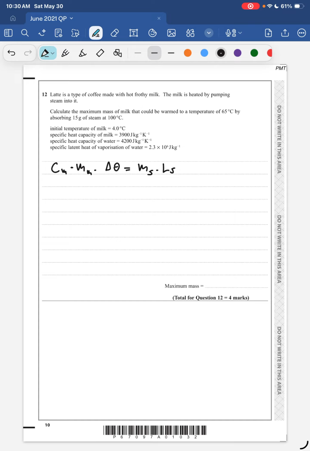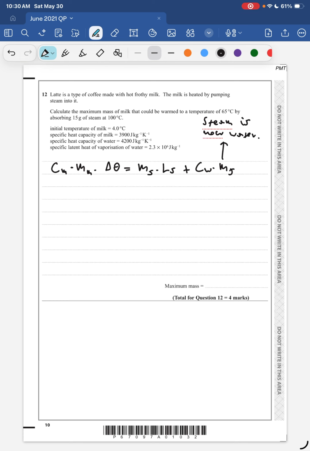And then once it becomes water, that same mass of steam has to cool down to 65 degrees Celsius from 100 degrees Celsius. So we will need the specific heat capacity of water times the mass of steam, and I'm going to put there that steam is now water.